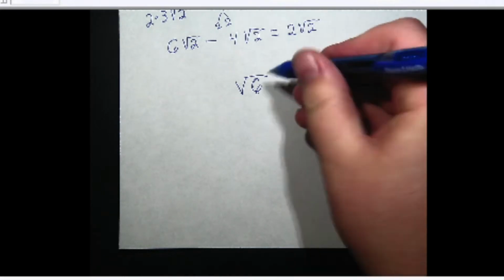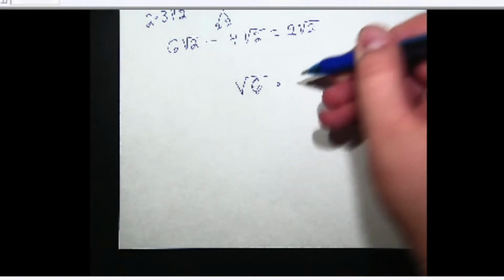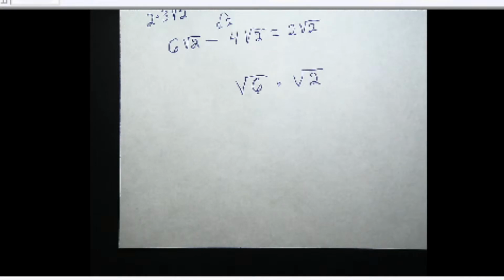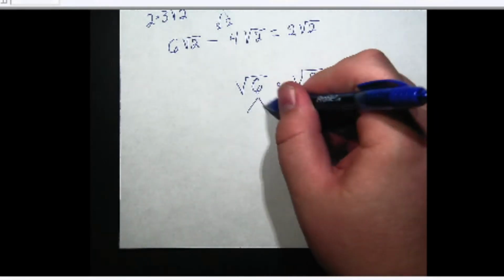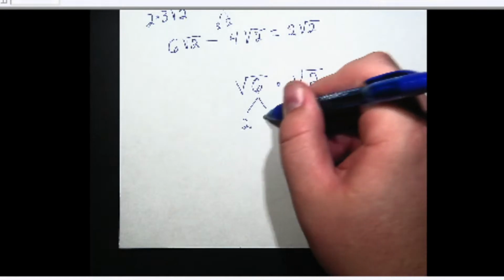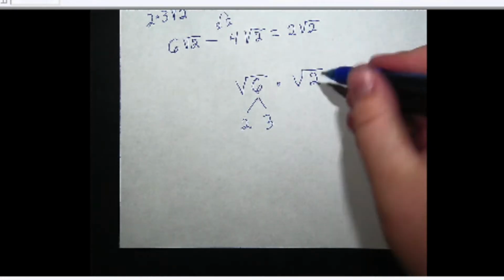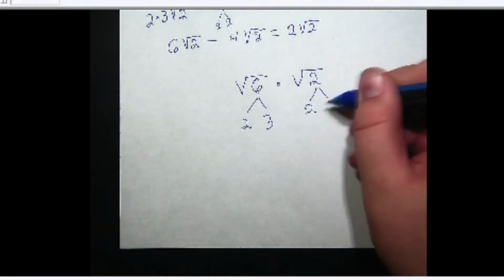But this does bring us to what we're going to be covering on Friday. What if I add this? Okay, so we know 6 is 2 and 3, and we know 2 is 2 and 1.